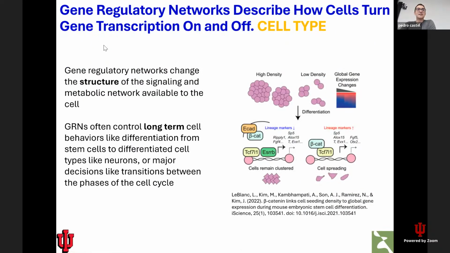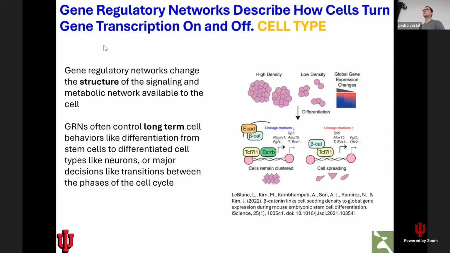Finally, knowing a little bit about translation and transcription, we arrived at our final network type, the gene regulatory networks. So the gene regulatory networks, they are controlling the type of the cell. The type of the cell is not exactly the behavior of the cell, how it behaves, because the cell can behave differently according to multiple signals, but it's the type of the cell.